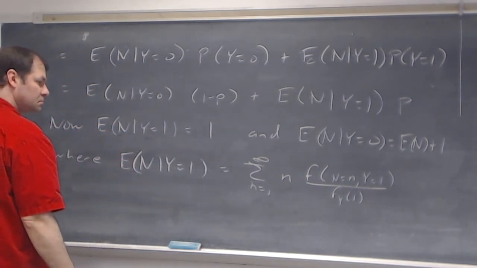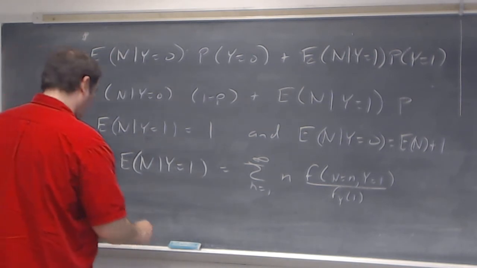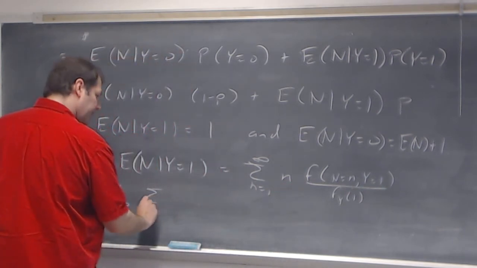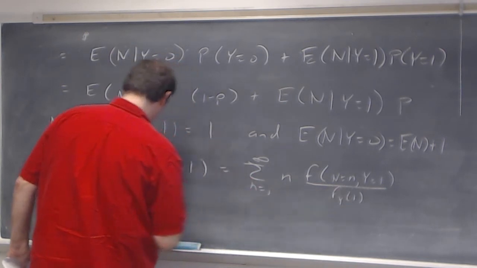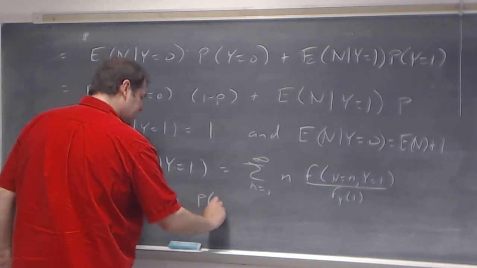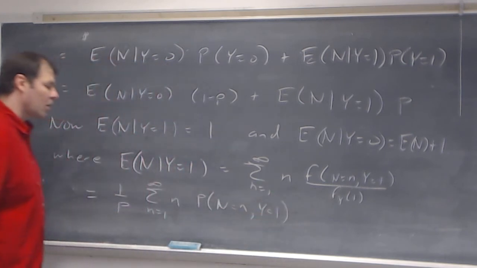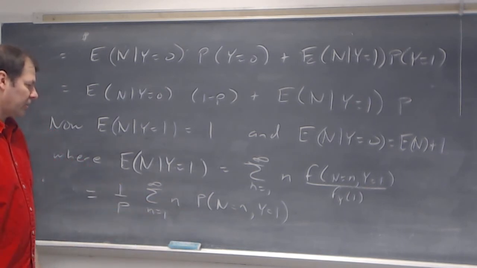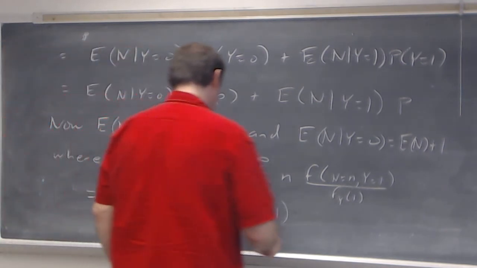So this is going to be equal to 1 over p, and this will be the sum as n runs from 1. The 1 over p comes from f sub Y of 1 being equal to p. This is n, and this is the probability that N is equal to little n and Y equals 1. So when n is equal to 1, we get 1 times the probability of N equal to 1 and Y equal to 1. Well, that's going to be 1 times p.